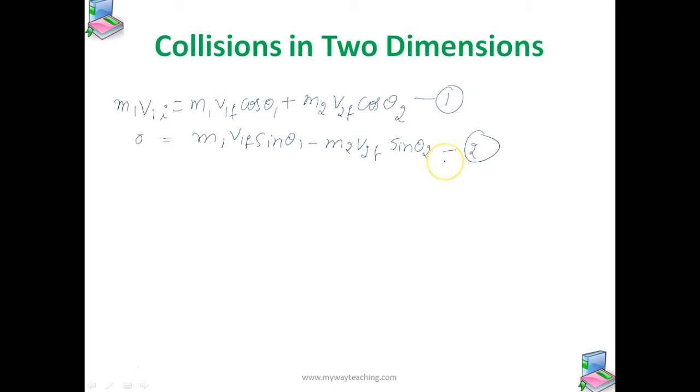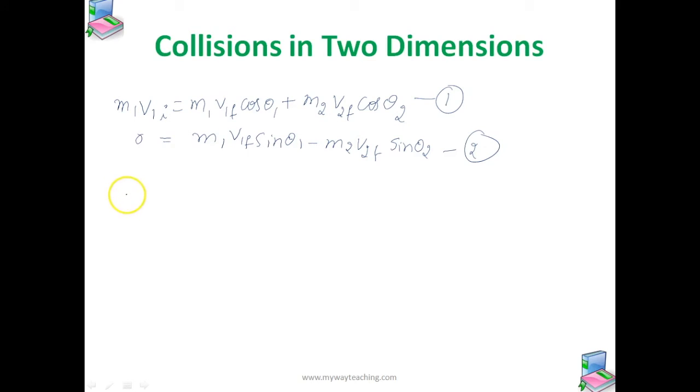Here v1f, v2f, theta 1 and theta 2 are unknowns. If theta 1 and theta 2 are 0, then again we get the equation that we got for one dimension. If further the collision is elastic, this is for completely inelastic.